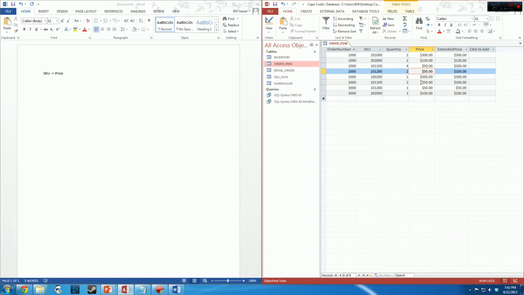Well, we've got several $50 items here, ordered in different orders, different extended prices, so price doesn't match anything. What about extended price? Well, we've got a couple $300 items, but they were one of something. Here's a couple of $100 extended price, 2 of each, different items, different orders. So no, extended price doesn't determine anything either.